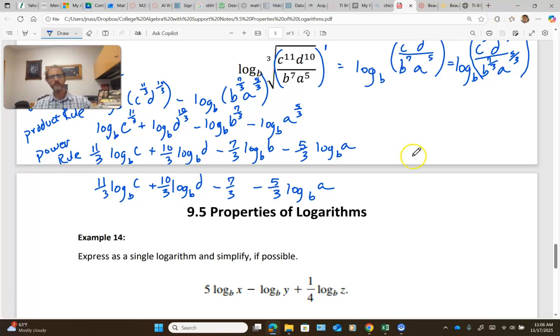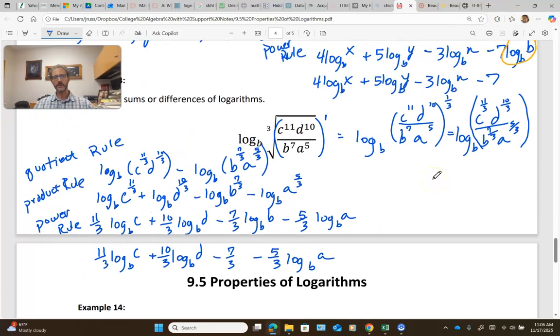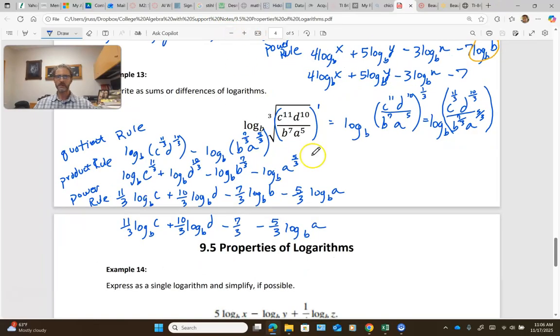Okay. So guys, refer back to these 3 examples in which you're expanding these logarithms when you're working on your homework. Because now what we're going to do is, instead of expanding them into several individual logarithms, we're going in the opposite direction. We're going to be putting them back together.